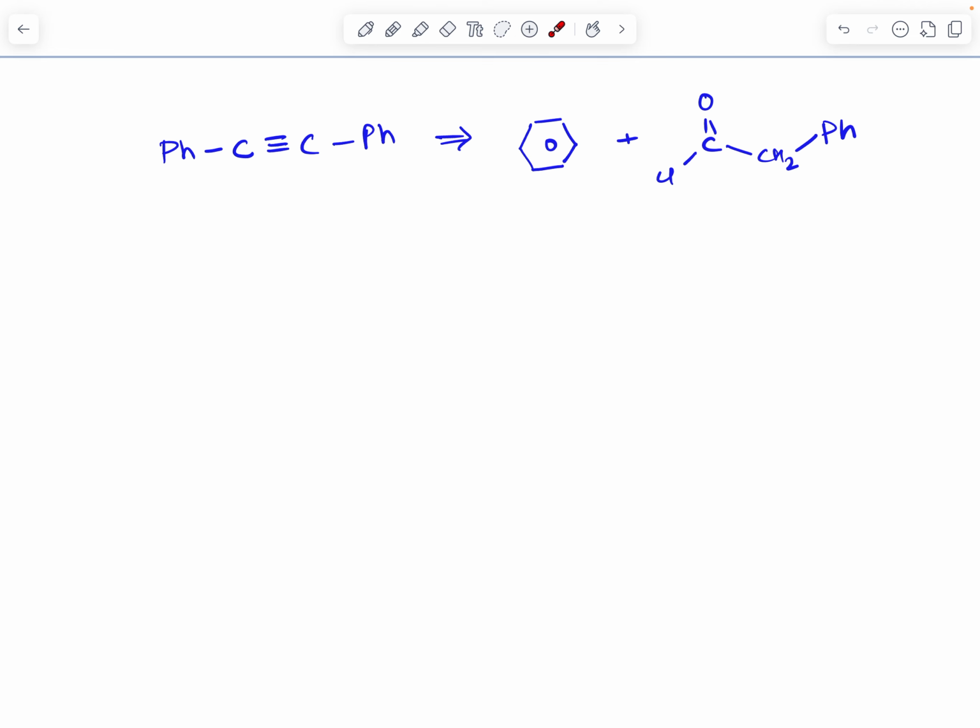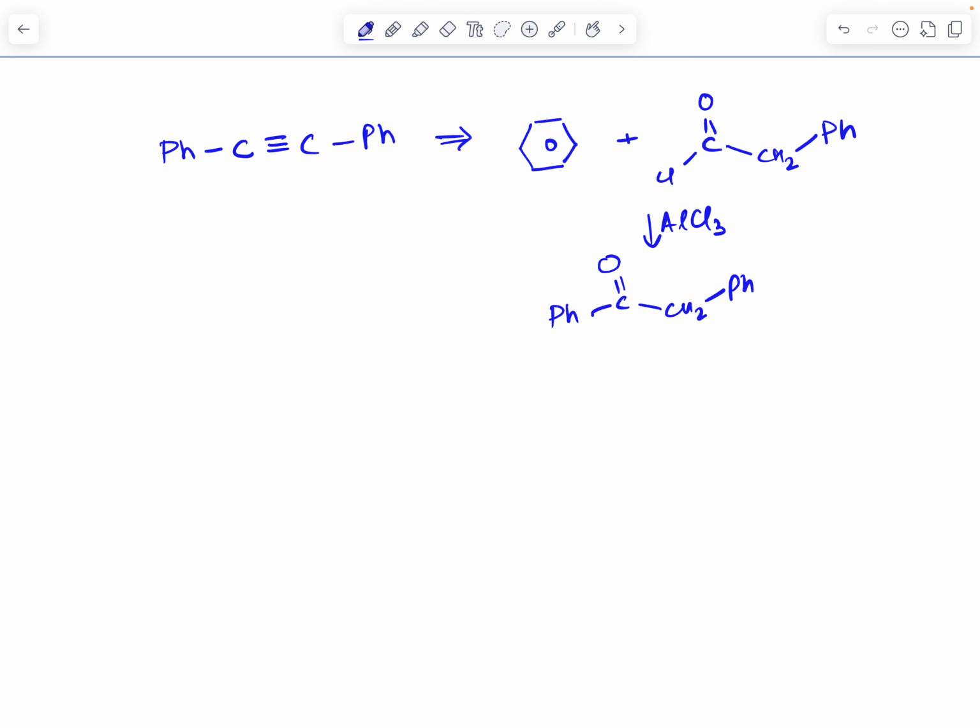Then I could think of reacting these two together via Friedel-Crafts acylation. So if I do that, I'm going to get PhC double bond O, CH2Ph. Okay, so AlCl3. That's all I need for the acylation.